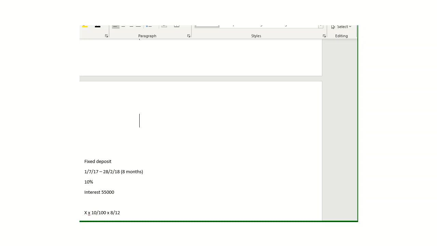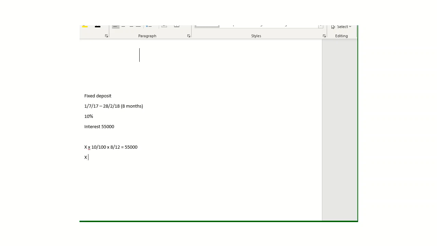So now it's just a matter of solving for x, which means x equals 55,000 times, if I turn it around, 100 divided by 10 times 12 divided by 8. And that means x equals, if I solve the sum, 825,000.